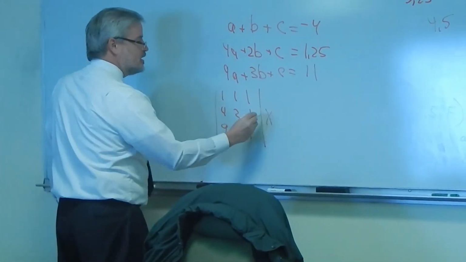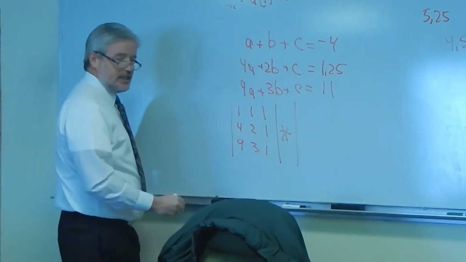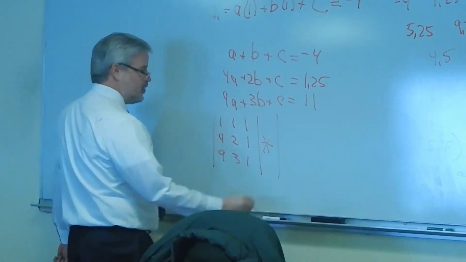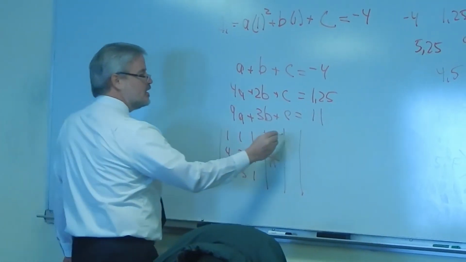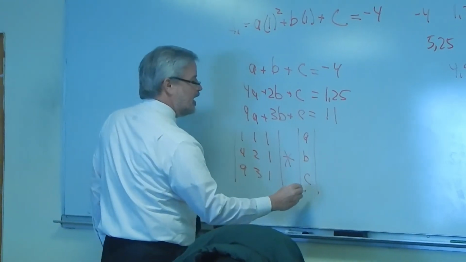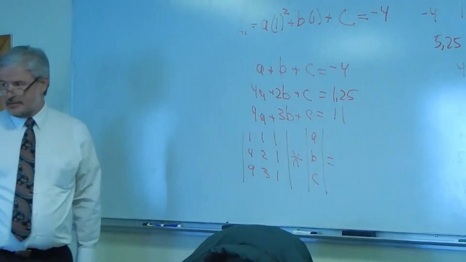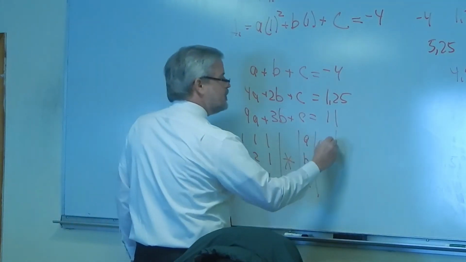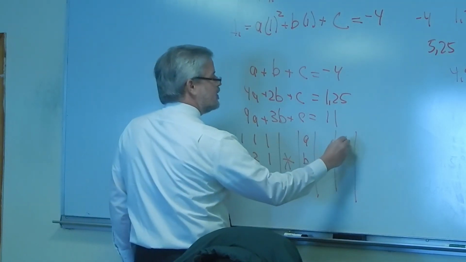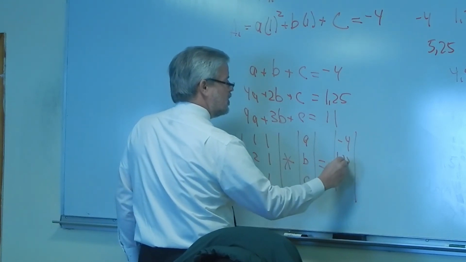And times the variable matrix. And what's the variable matrix? a, b, c. And we're going to get a solution matrix. The solution matrix is going to be negative 4, 1.25, 11.